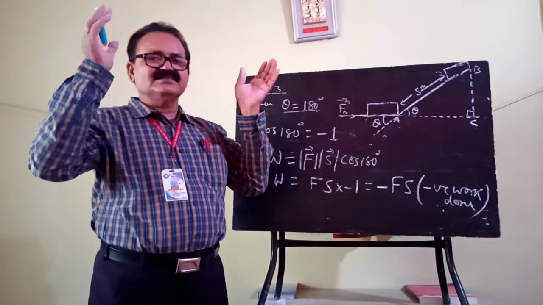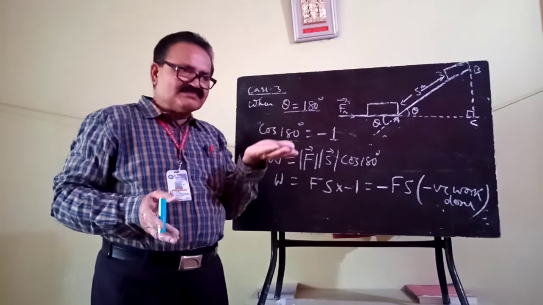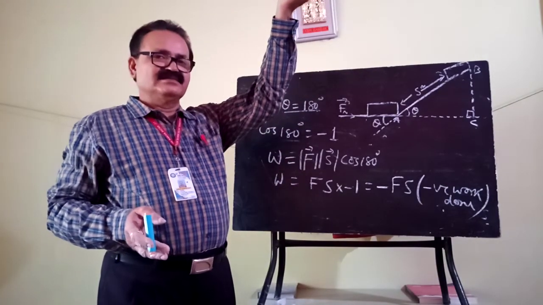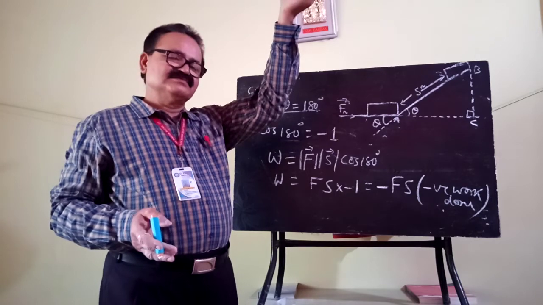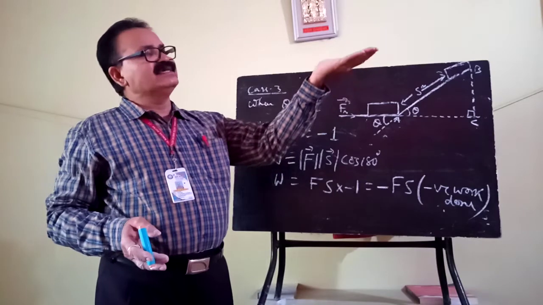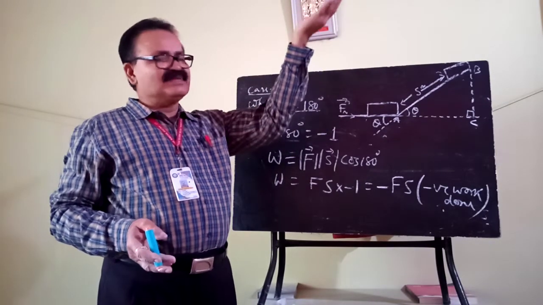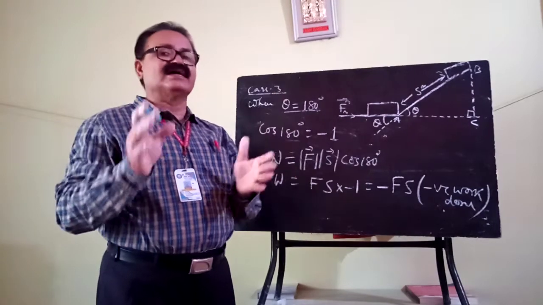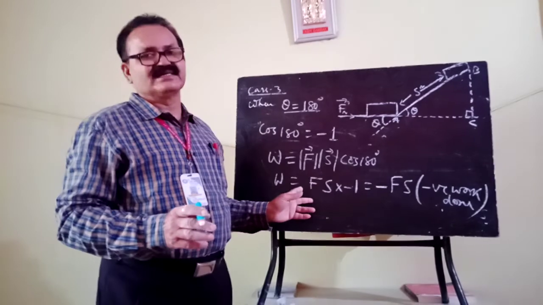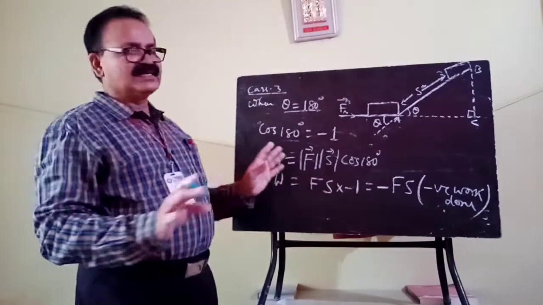The weight of the luggage acts vertically downward, but the displacement is opposite to the force applied, that is vertically upward. So as the coolie ascends the staircase, its displacement occurs opposite to the direction of force. In that case, the work done is negative. Is it clear? So this much is enough for today.